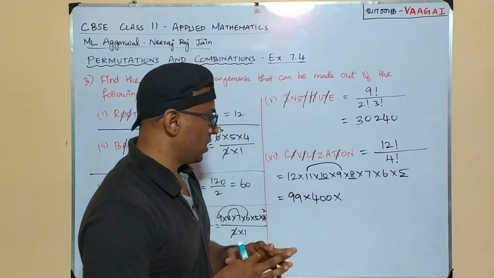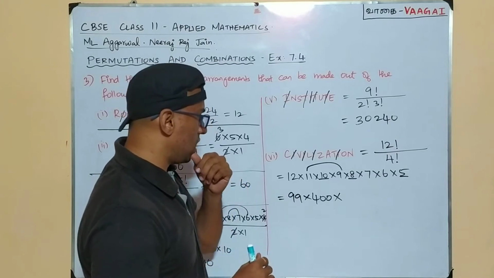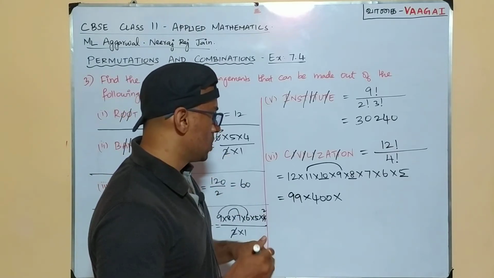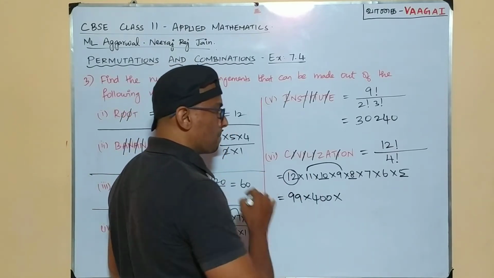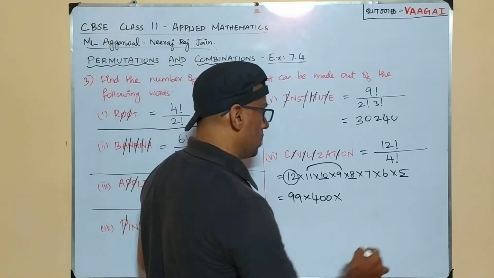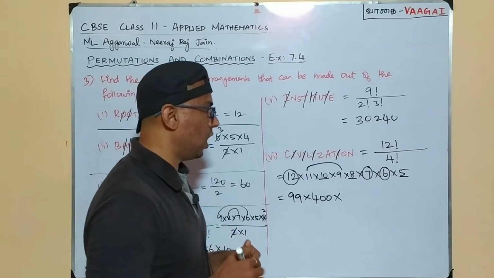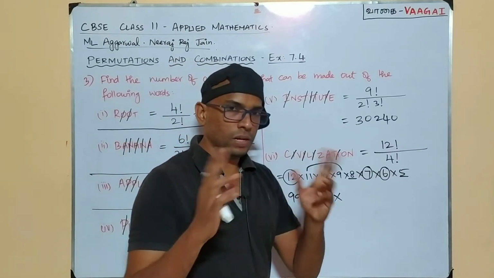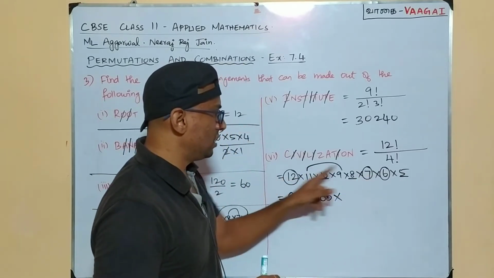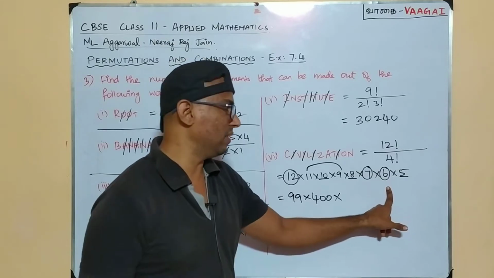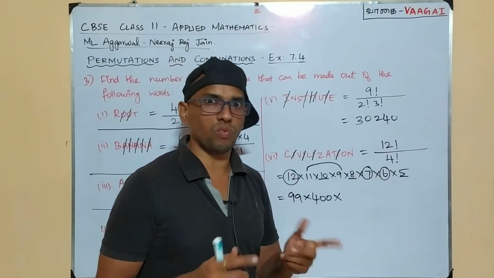And next, what are the other numbers left? Other numbers left are this 12, this 7, and this 6. Only these 3 numbers are left, so now we will multiply those 3 numbers. 12 sixes will be 72, right? 72 into 7 will be equal to 504.